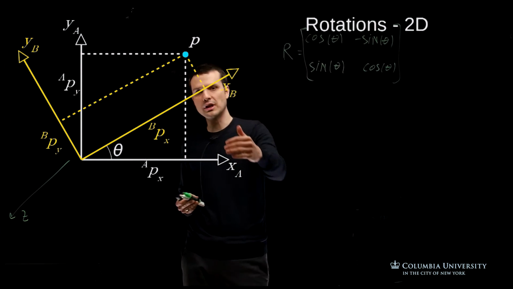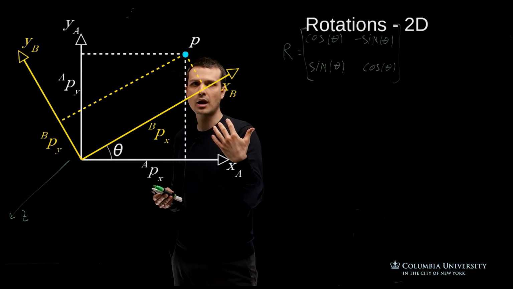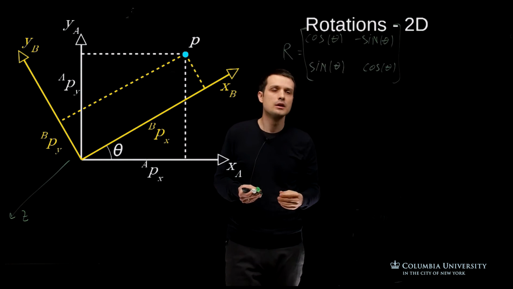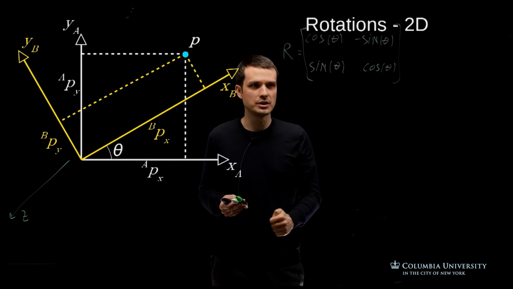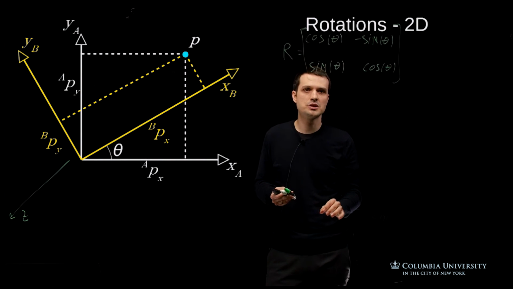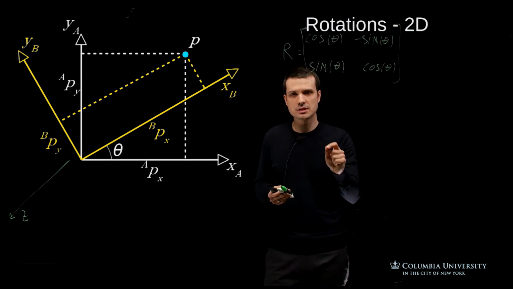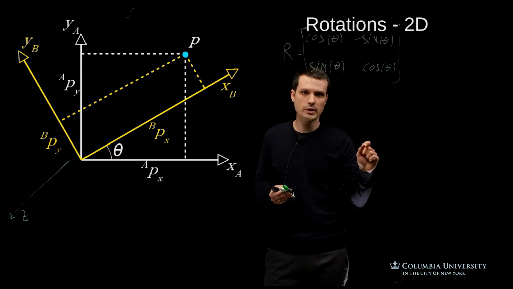Obviously, if I were to rotate around x or y, then I would no longer be in 2D. I would come out of the plane that I'm operating in. So in 2D, all rotations are around the z-axis. We'll get to 3D in a few minutes, and then the rotation matrices become a little bit more involved. But all the properties that I'm just about to mention always hold.